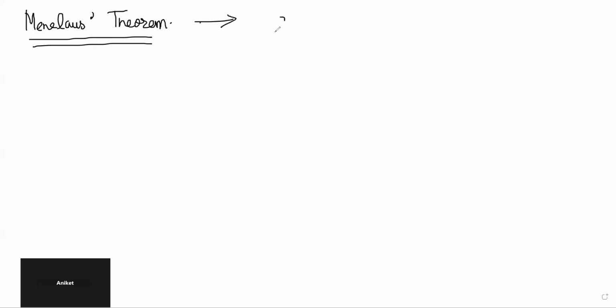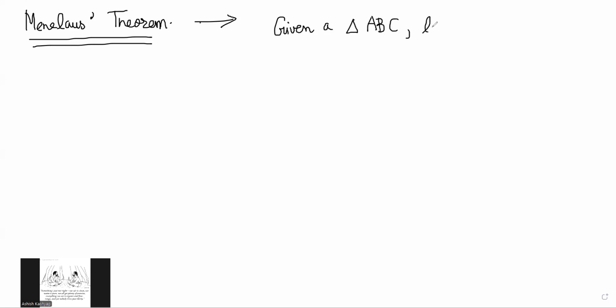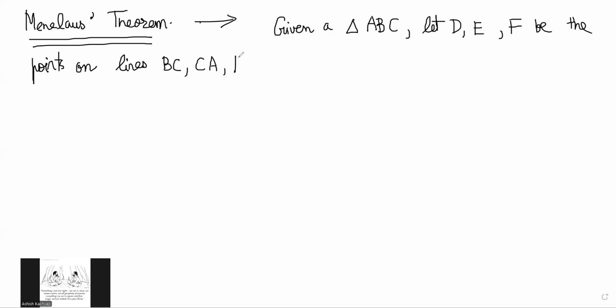Yes, sir. Okay, given a triangle ABC, let D, E, F be the points on lines BC, CA, AB respectively. These are three random points lying on the three sides.